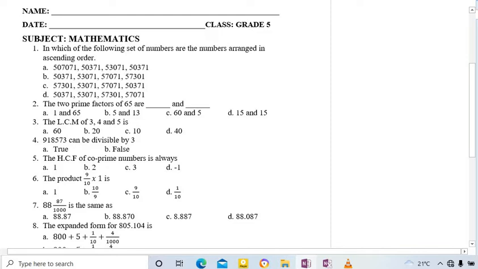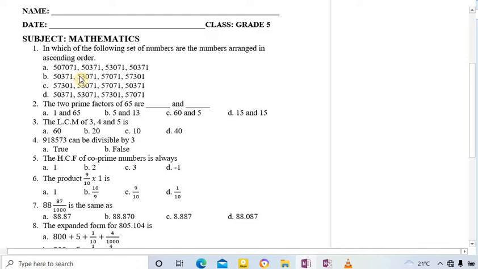The third is 573. Automatically, just watching from the first two, A and C, you could see that they are quite bigger numbers with respect to B and D, because B is 50371 and D is 50371. So it means that the answer would be between B and D.